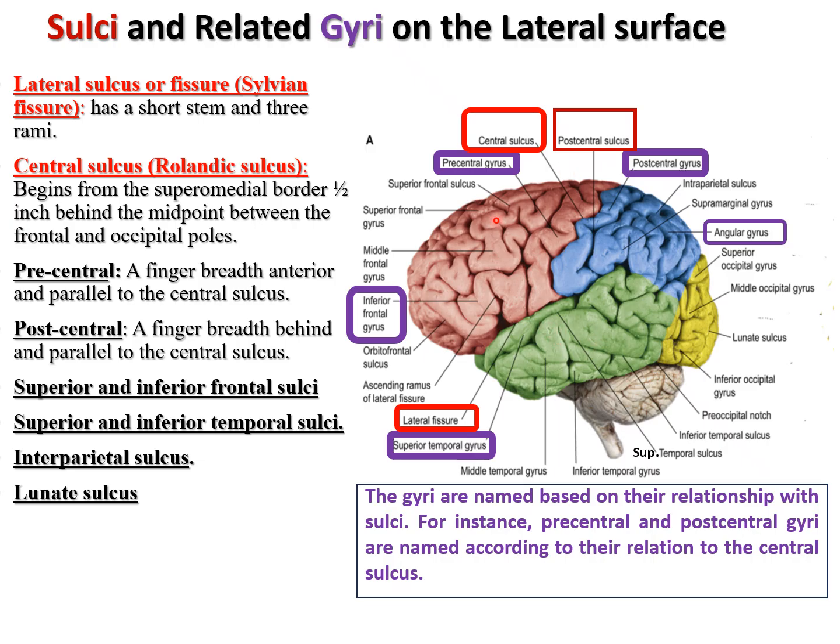There are so many sulci here. For example, in the frontal lobe you can find the superior and inferior frontal sulci, and between them you can find the superior, middle, and inferior frontal gyri.